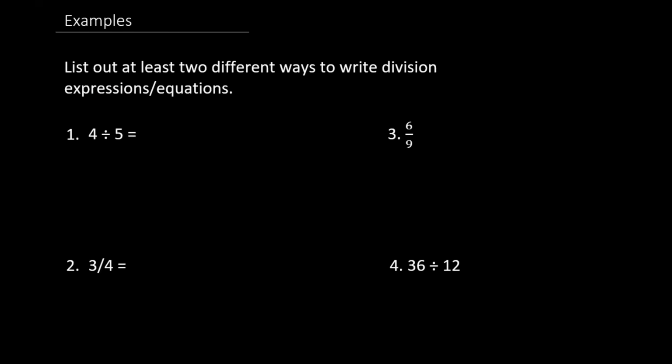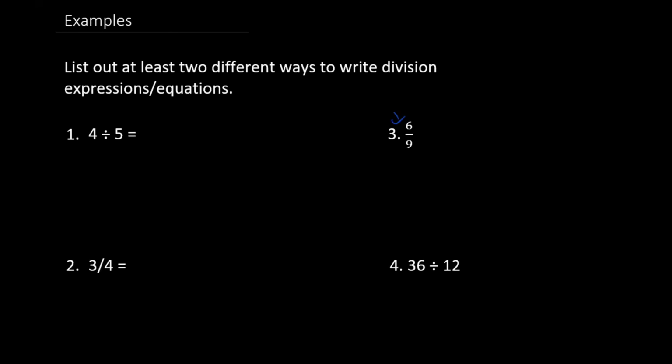List out at least 2 different ways to write the division expression or equation. By the way, if they don't have a fraction in them, we have to write a fraction. In the third question, there's a fraction, so we can write a fraction. Okay? So 4 divided by 5.